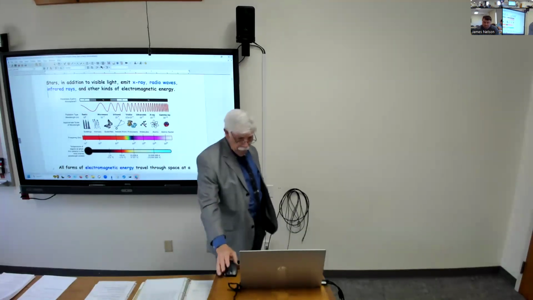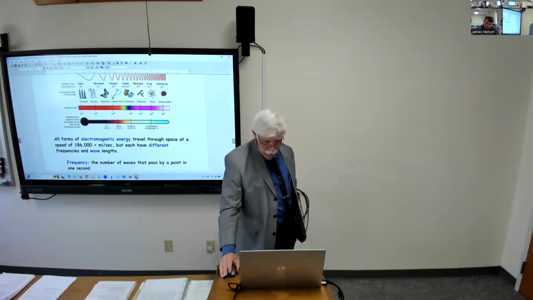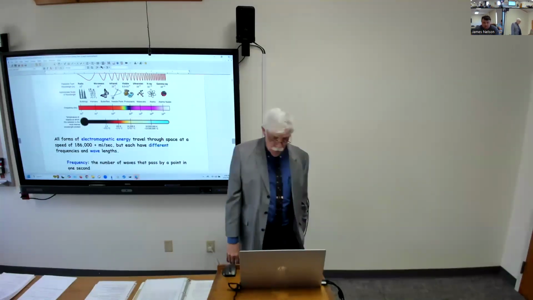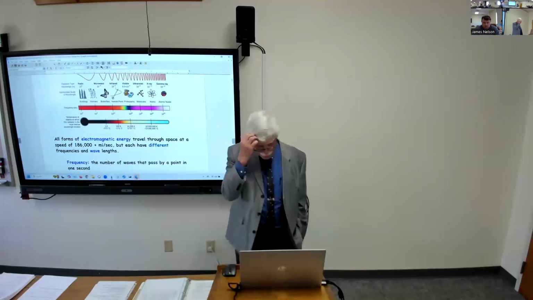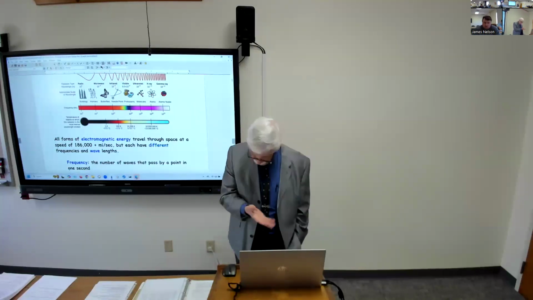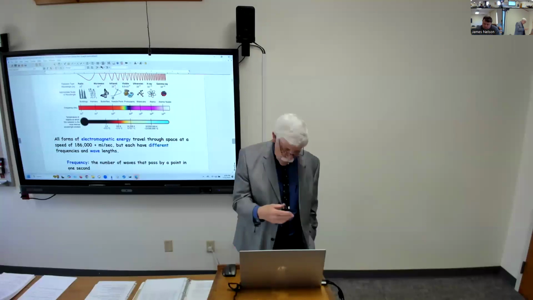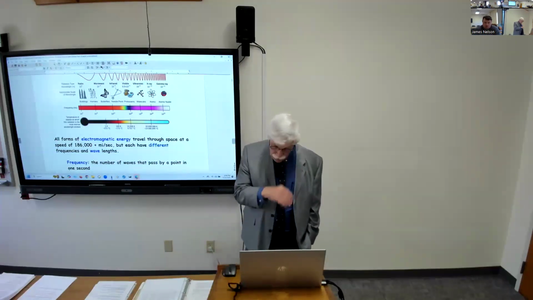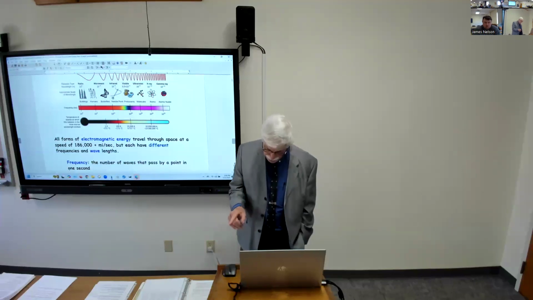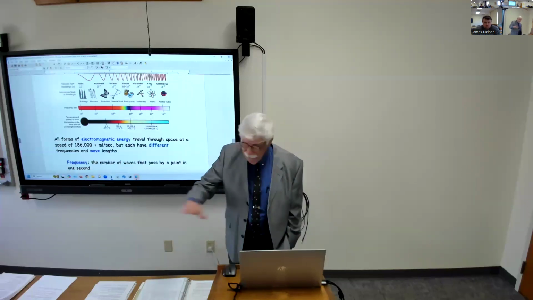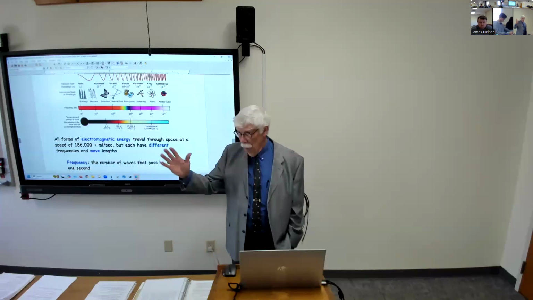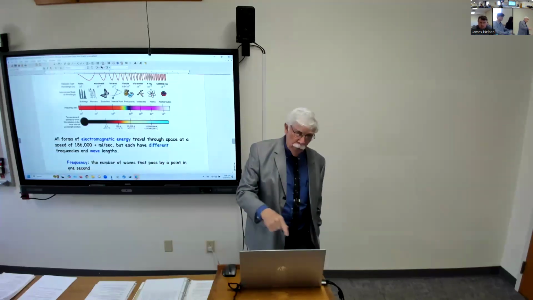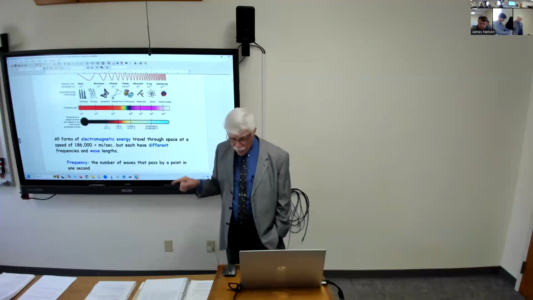So all forms of electromagnetic energy travel through space at a speed of 186,000 miles a second. That's a rough number, not the exact 186,228 or something like that, but 186,000 miles a second. They travel through space, which is a vacuum. If it travels through other things, it may not travel that fast.